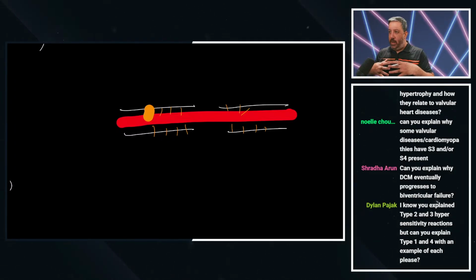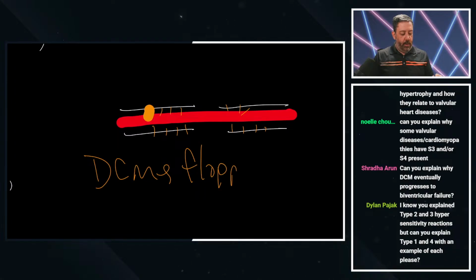You can't generate enough force. The heart gets very floppy. So with a dilated cardiomyopathy, the heart gets floppy. It doesn't squeeze very well. Remember, in a dilated cardiomyopathy, the chamber size itself gets very, very big. The walls get thin. And when the walls get thin, they don't work very well. Again, the contractile properties don't line up right. They can't generate any force, and you get a biventricular failure later on.